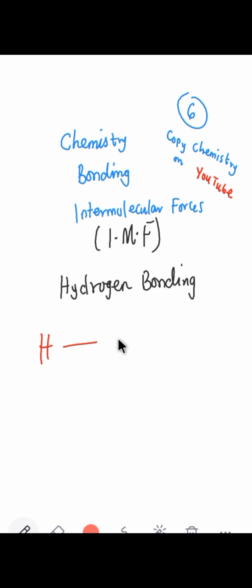Alright, so an example is fluorine. Hydrogen can also bond with oxygen, and hydrogen can also bond with nitrogen. These are hydrogen bonds. So if you see a compound like ethanol or water, H2O, where you have an OH bond present, it means that if you have more molecules of that particular compound, you could have hydrogen bonding present there, okay?